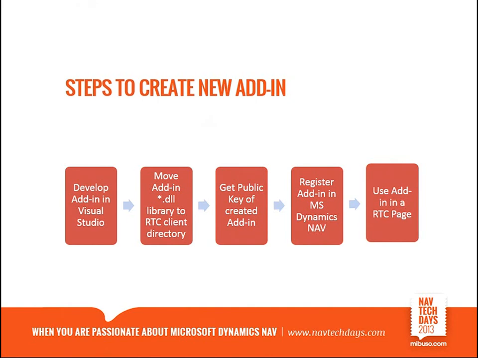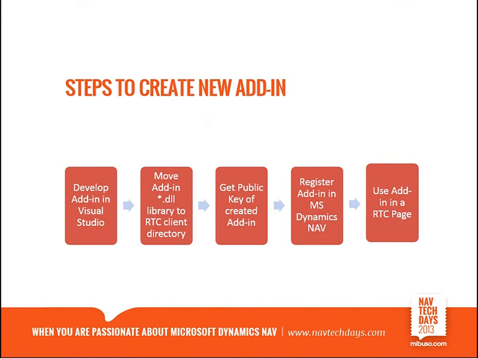And all the add-ins need to be strongly signed before you can use them. So when you sign an add-in, you need to get the public key of the add-in. This is the third step. Taking a public key, it's a 16-character string, and it's very simple. You have many tools to achieve it.